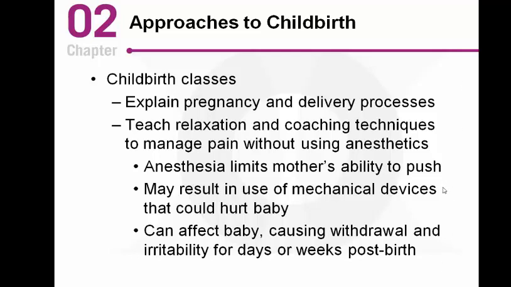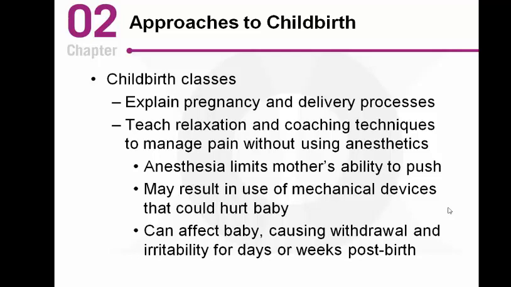Anything that makes it harder to push makes it harder to get baby out, which may then mean that a baby needs to be delivered with something like a vacuum or forceps. Now, when I say vacuum, it's not exactly like the vacuum you vacuum your carpet with, but it's not that different either, using suction to help remove baby, or forceps that essentially look like giant salad tongs being used to help.